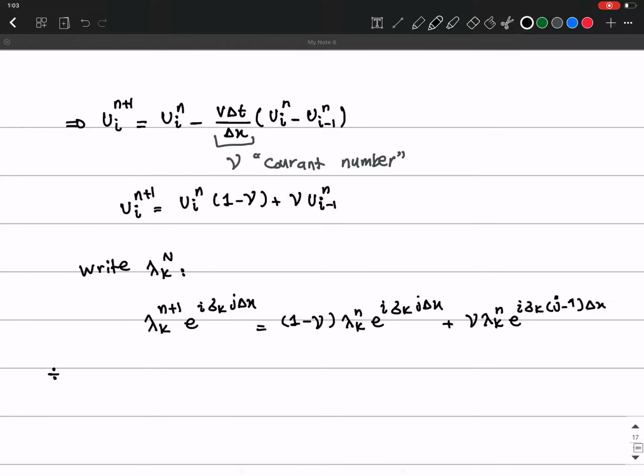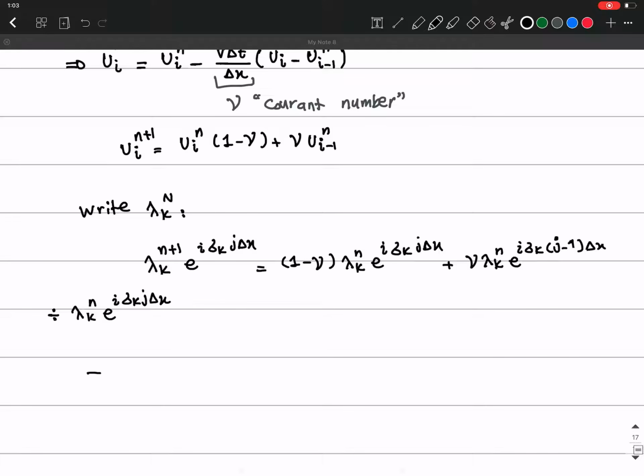And then I divide all of them by lambda_k^n e to the i sigma_k j delta x, and this gives me lambda_k numerical equals 1 minus nu plus nu e to the minus i sigma_k delta x.